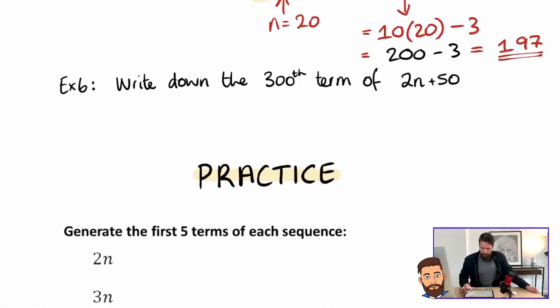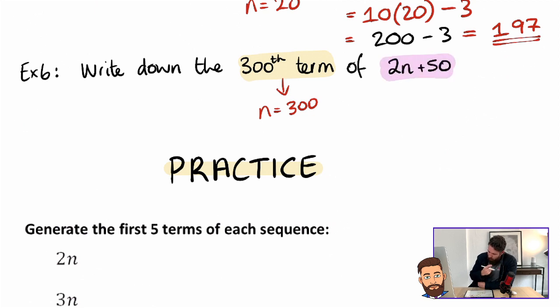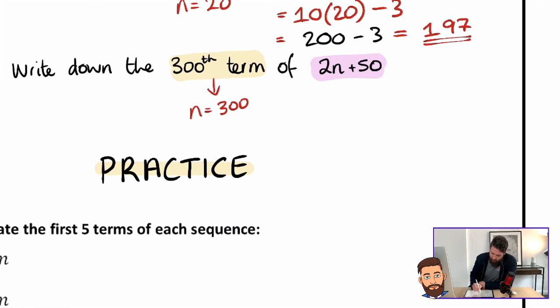So example 6. Write down the 300th term of the sequence. Well, if I want the 300th term, what does that tell me? That tells me that n is 300. And if my nth term is 2n plus 50, I simply replace n with 300. So that is just going to give me 2 lots of 300, because I want the 300th term, plus 50.